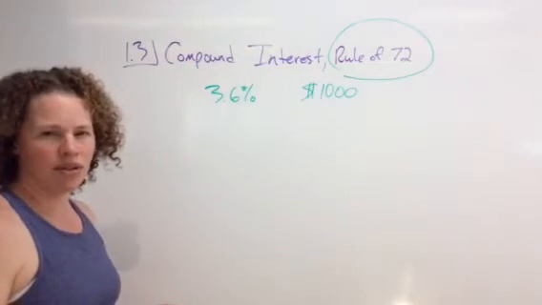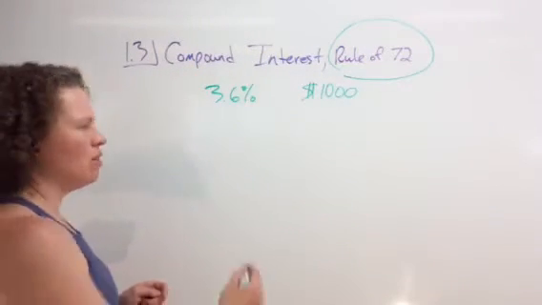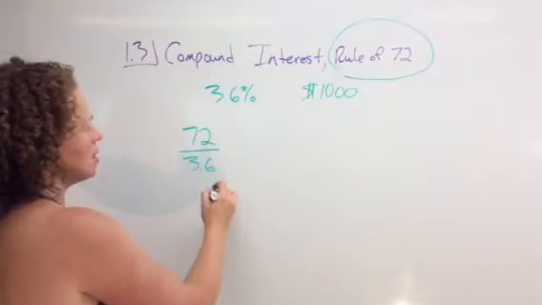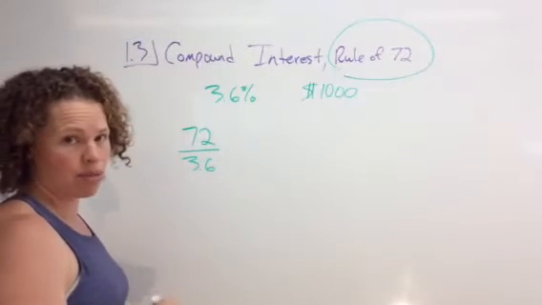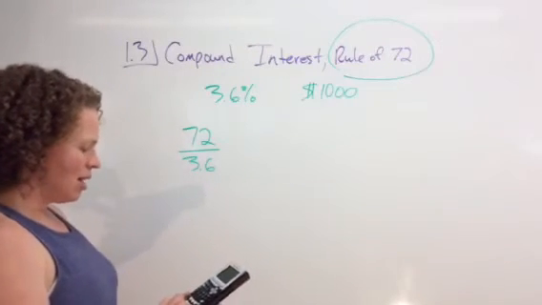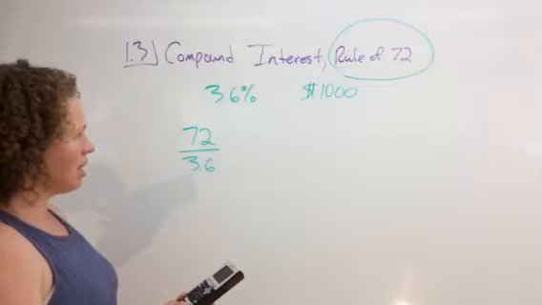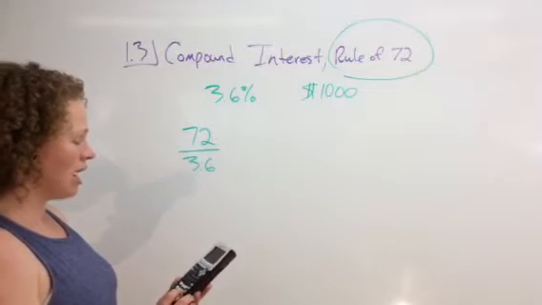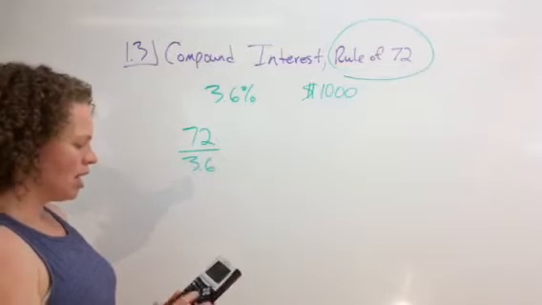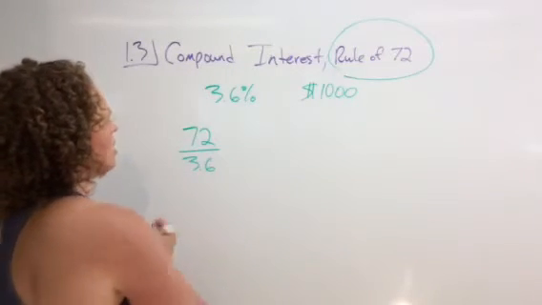The rule of 72 simply states that you can go 72 divided by 3.6, not the decimal version, but the percent version, and you will get approximately the amount of time that it takes you to double your $1,000 at 3.6. So I go 72 divided by 3.6, and I get 20. So 20 years.